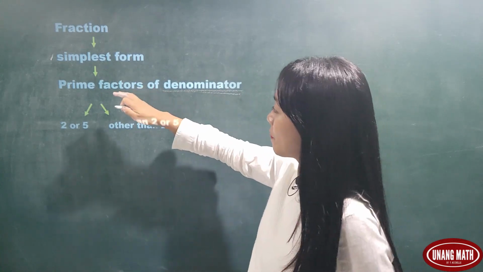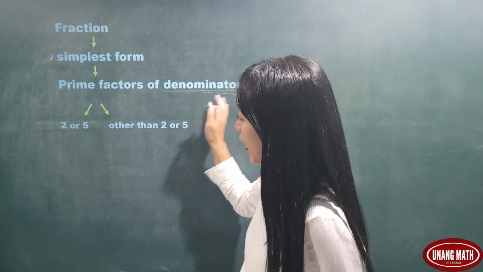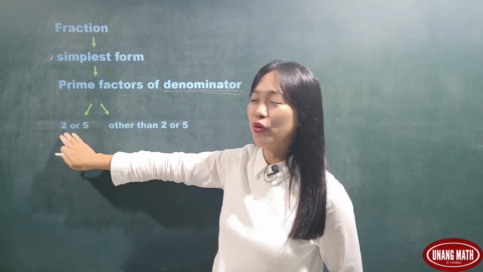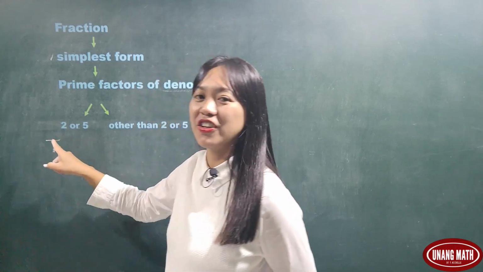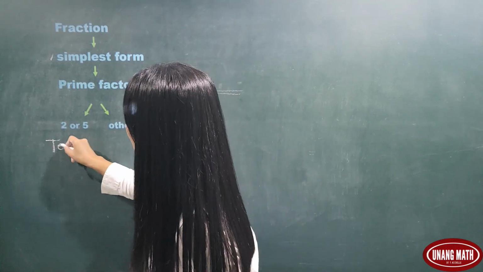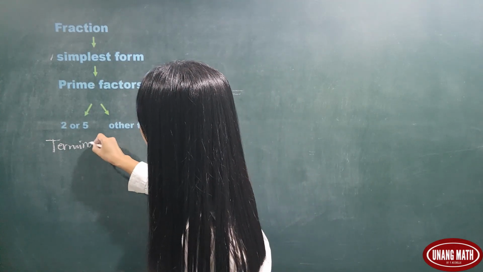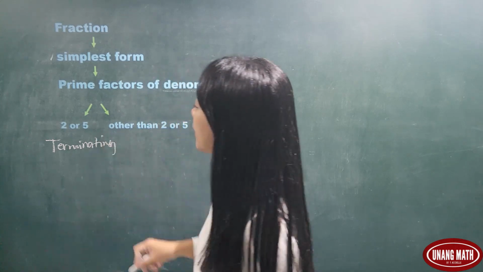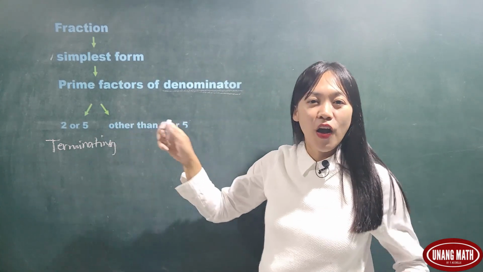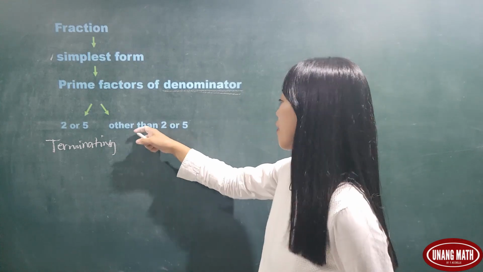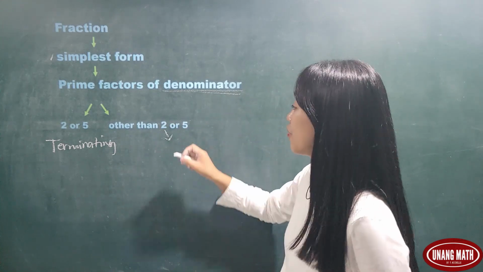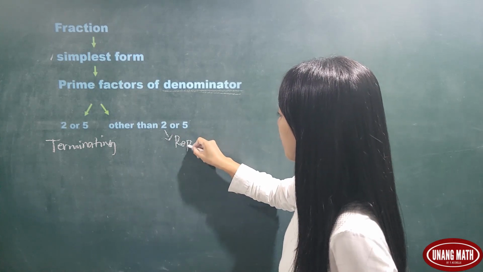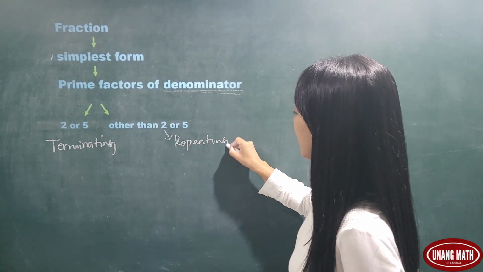If the prime factors of the denominator are 2 or 5 or 2 and 5, then that fraction can be converted to a terminating decimal. But if you see other numbers other than 2 or 5, then that fraction can be converted to a repeating decimal.